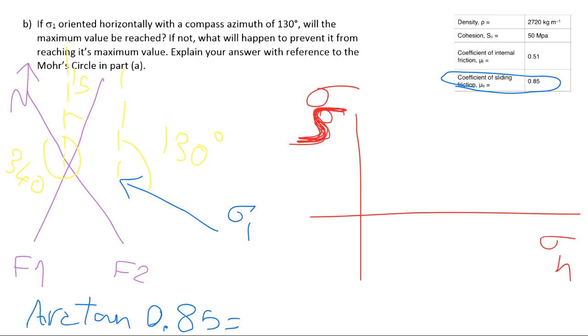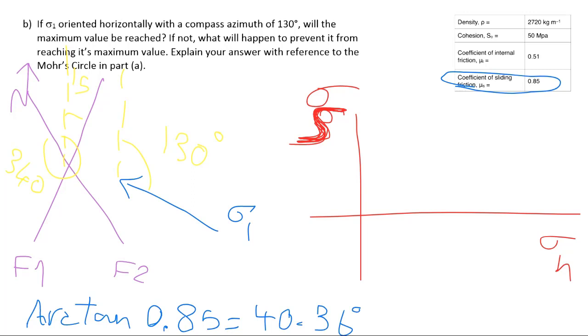Let me calculate this. Arctangent of 0.85 is going to be 40.3 degrees.